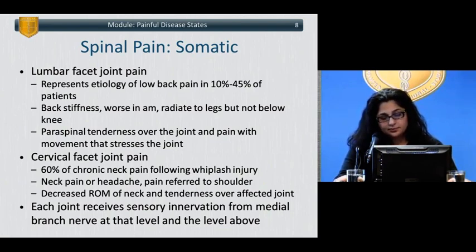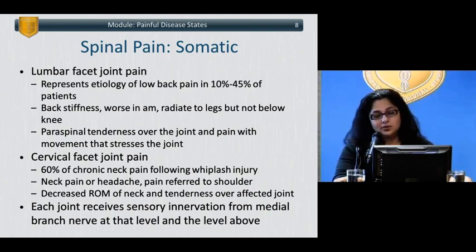Anywhere from 10 to 45% of patients may have this as an underlying source. Patients usually present with back stiffness that's worse in the morning, and again can radiate down the leg, but similar to sacroiliac joint pain, does not radiate below the knee. There can be tenderness in the paraspinal area over the joint as the patient moves or stresses that joint.